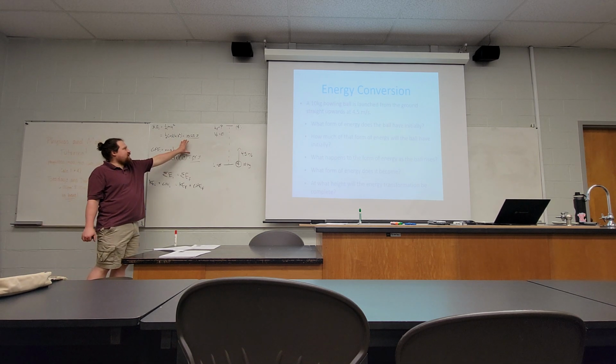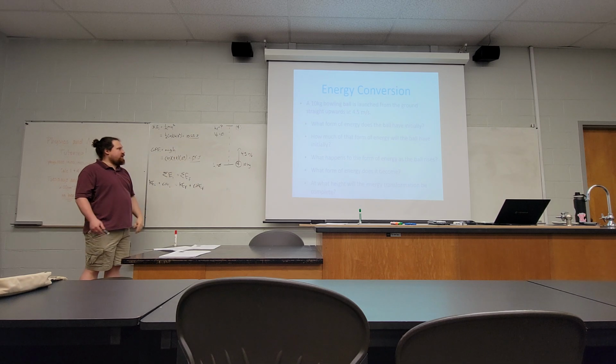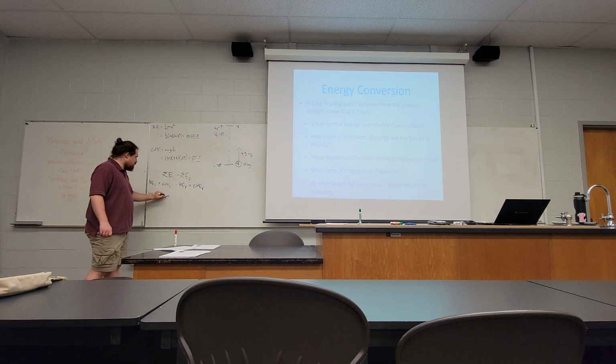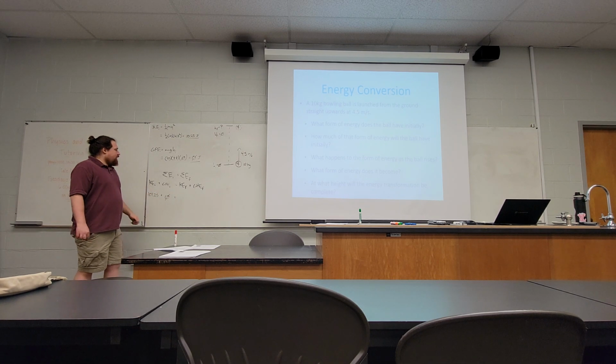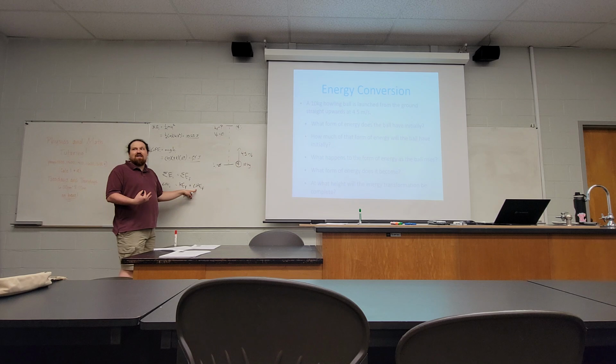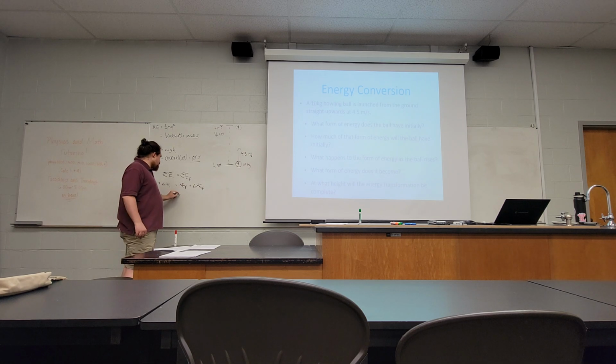Now, we've already got values for KE initial and GPE initial, so I'll plug those in. And on the right side, exactly what these are depends on which point in the process you're examining. I'm just going to plug in the generalized formulas for now.